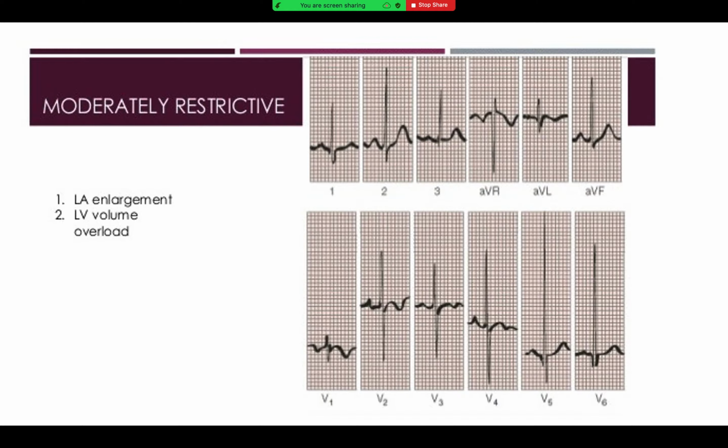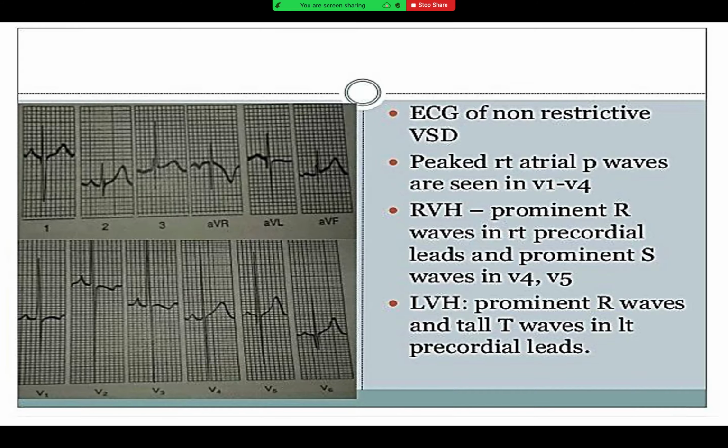In restrictive, we are aware, not many changes will happen. Moderately restrictive, we are aware. Then, how about the non-restrictive ECG? What will happen in the non-restrictive ECG? As we can see over here, there are peaked P waves, isn't it?